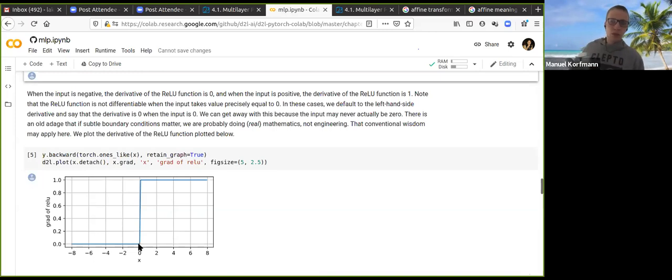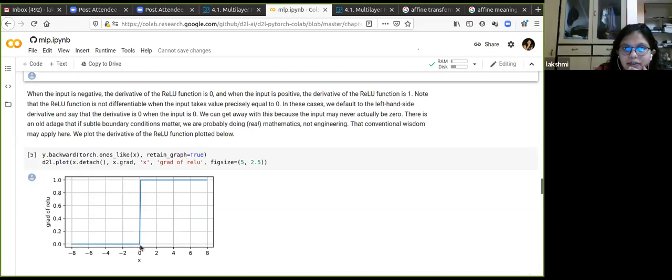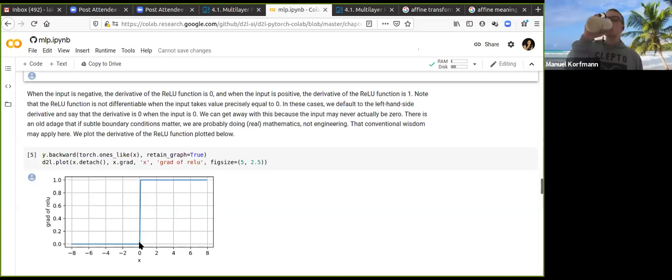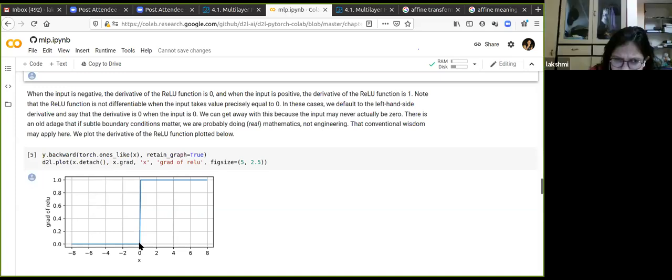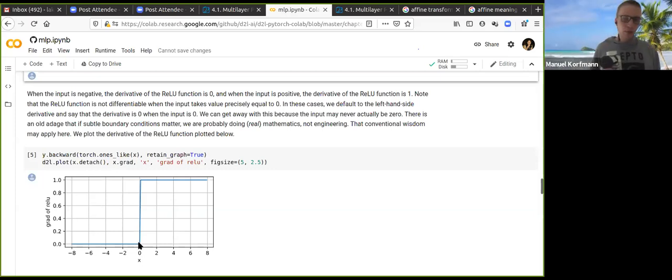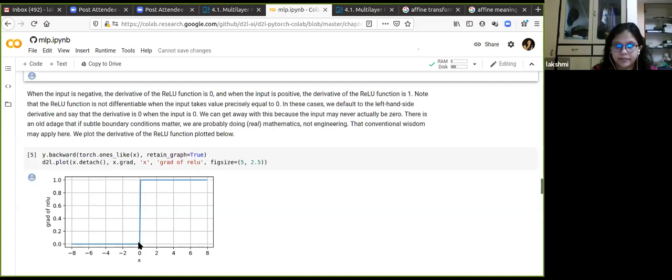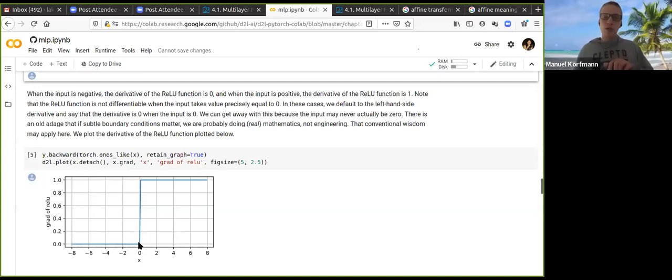In these cases, we default to the left-hand side derivative and say that the derivative is 0 when the input is 0. Because delta x is also 0, and it will become like division by infinity. No, division by 0 is not possible at this particular point. Delta y is 0, delta x is also 0. We can get away with this because the input may never actually be 0.